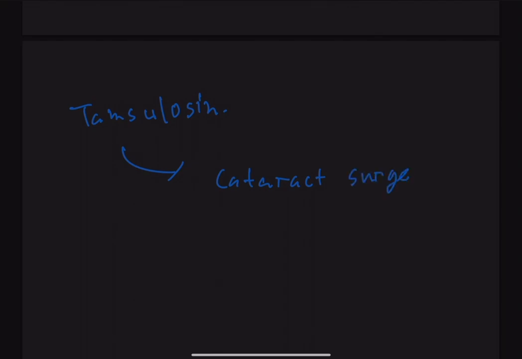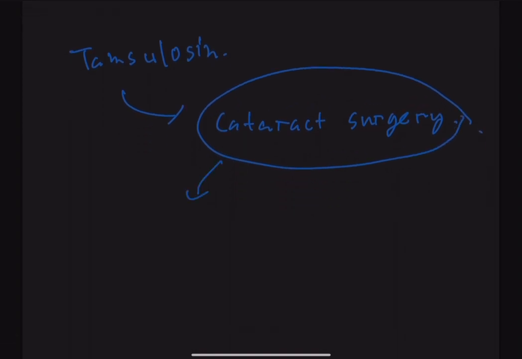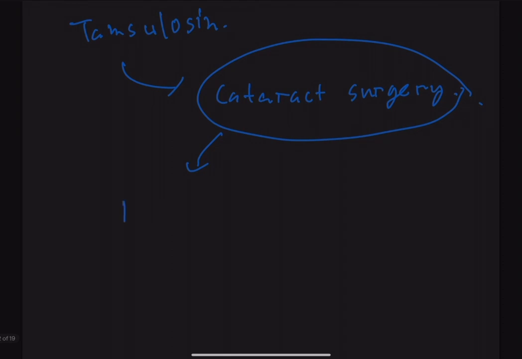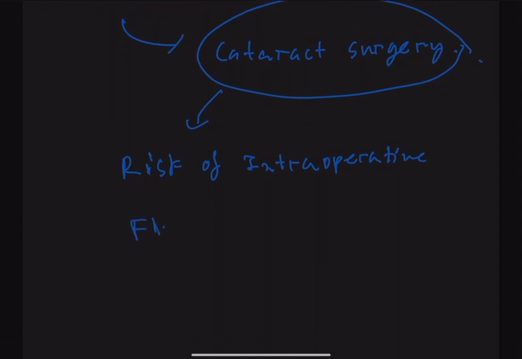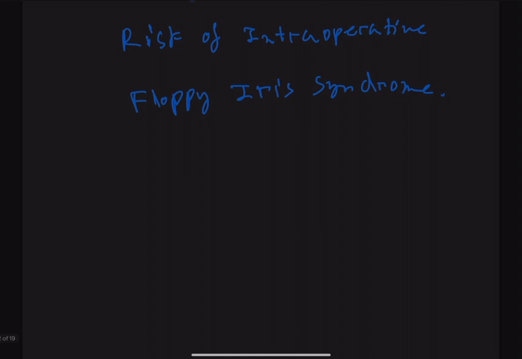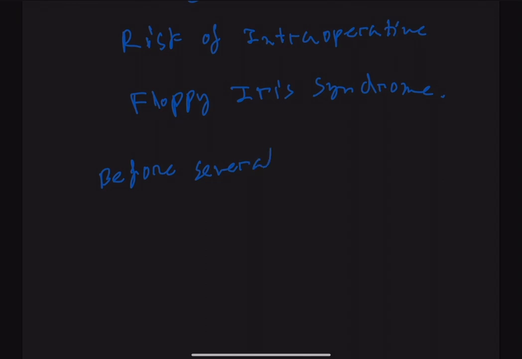So in cataract surgery, if the person is on tamsulosin treatment, there's increased risk of intraoperative floppy iris syndrome. Okay. So it is suggested that several weeks before cataract surgery, the person should stop taking tamsulosin. Okay.